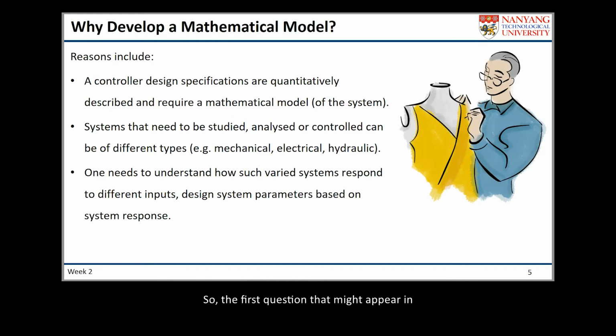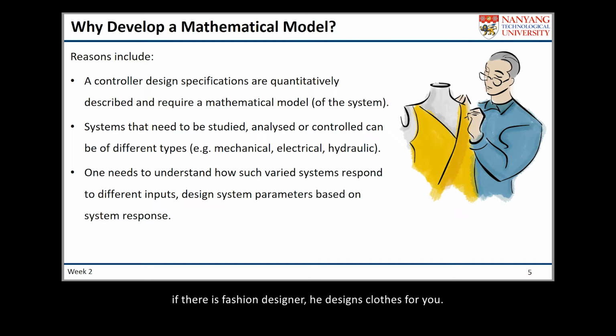The first question that might appear in all of our heads is, why do we need a mathematical model of a dynamic system? Of course, here we are talking about designing a controller, the ultimate goal of this course. We will learn how to design a controller for a particular system. But it's like a fashion designer.